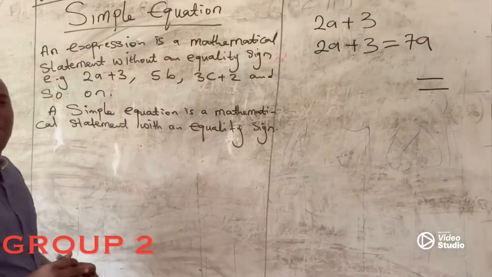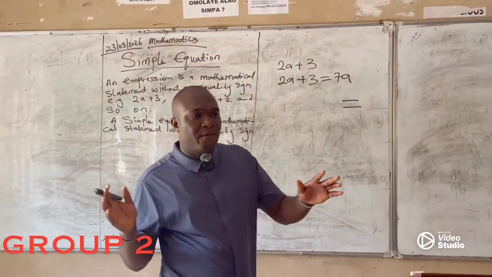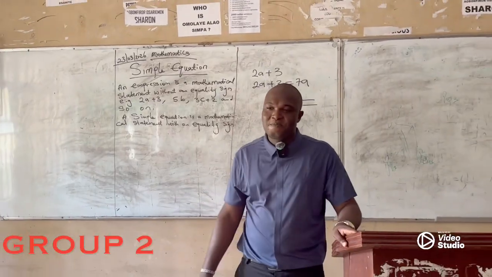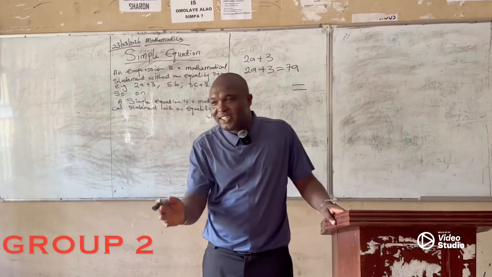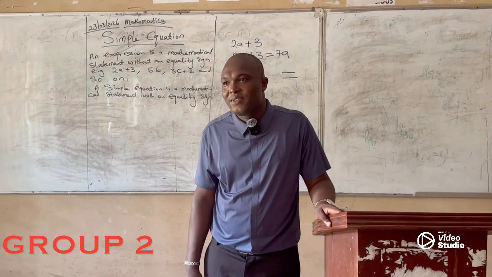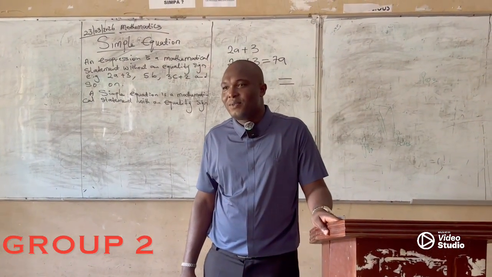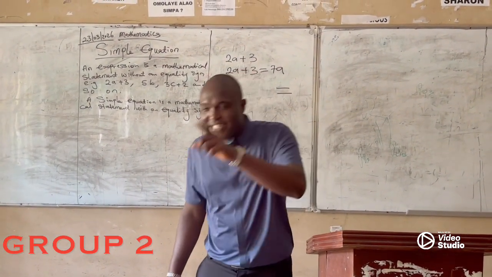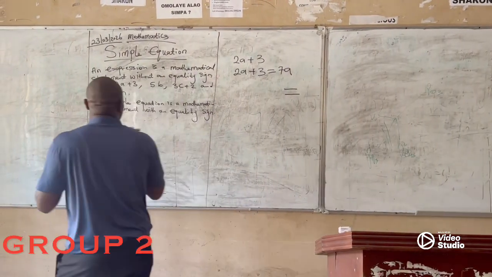Who can give us examples of an equation? Okay. 4c plus 2 equals to 5a. Intelligent. That's beautiful. Example.